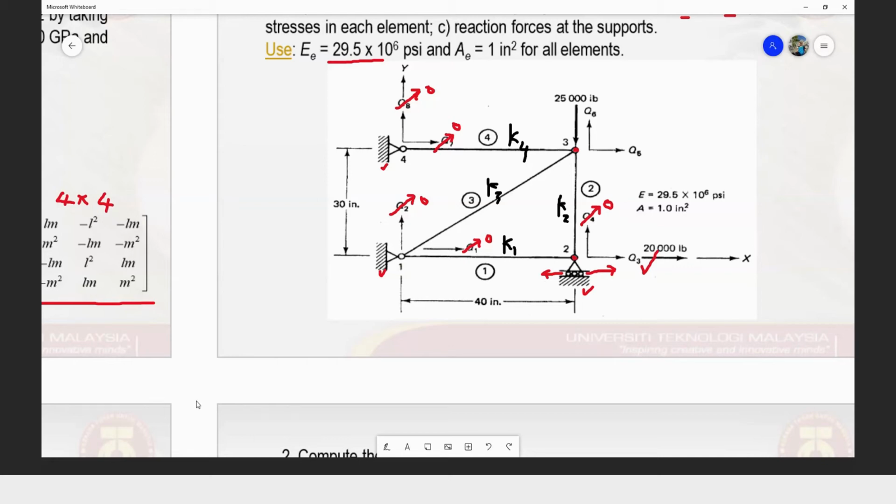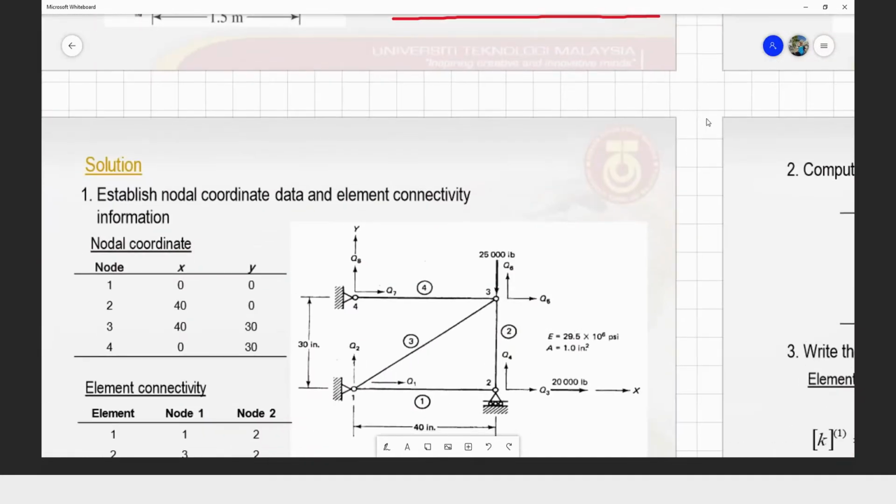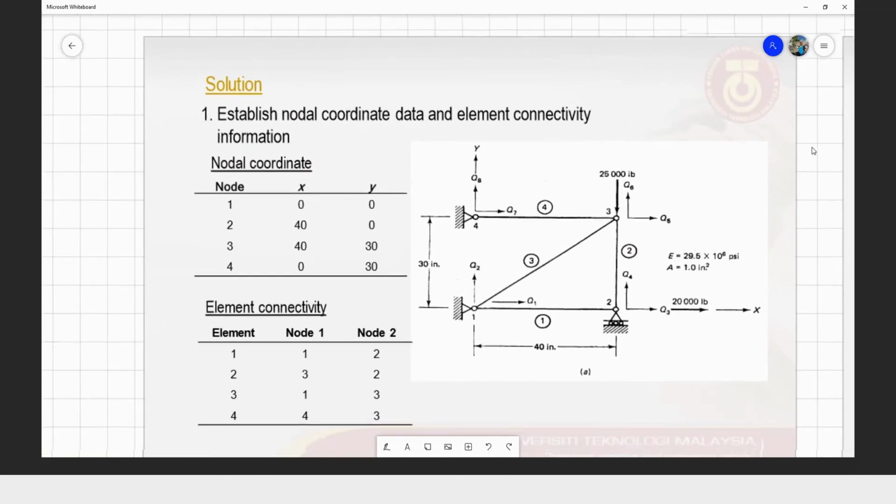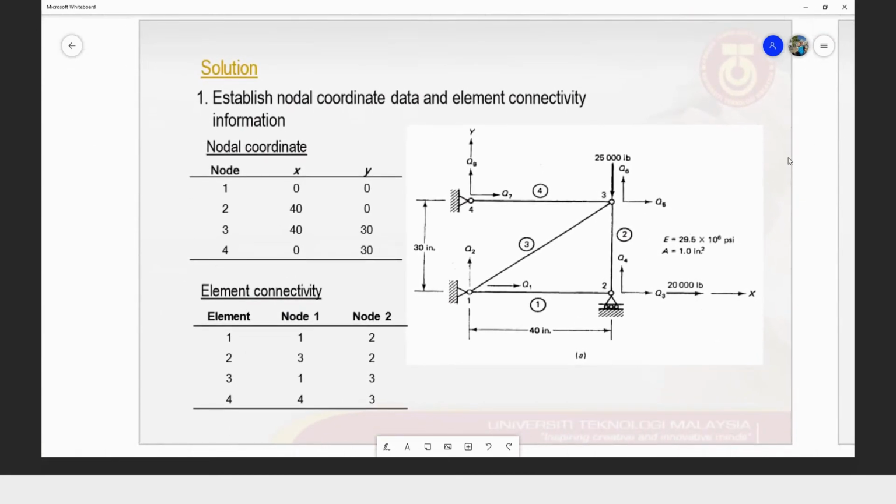So this is our structure. Okay, so we have a similar structure here, and given the nodal coordinates, when we have a structure, we can give the origin to our structure. In this case, this is our origin for the x and y at node number 1.